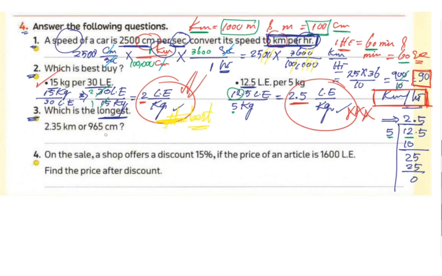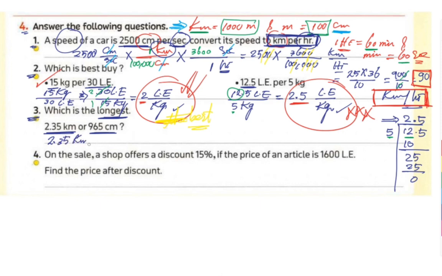Keep 965 constant and change these to centimeters. A kilometer equals 1000 meters and a meter equals 100 centimeters. So from kilometer to centimeter I will multiply 1000 times 100, which is 100,000.